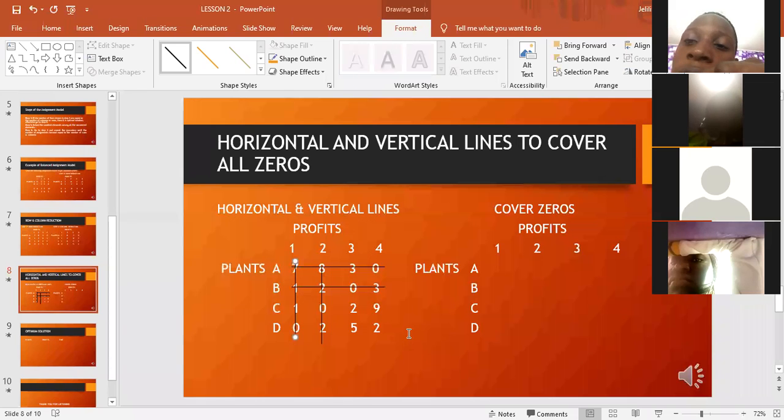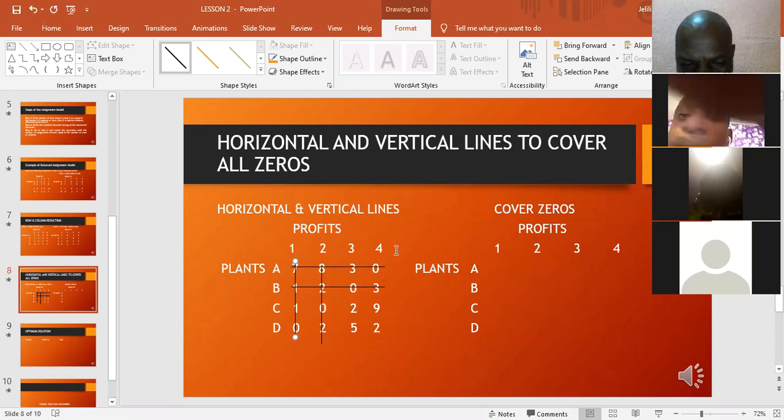You have 4 rows, right? And in the column, you have how many? Let's look at the columns: 1, 2, 3, and 4. So we have 4 columns, 4 rows, and 4 lines. Everything tallies together now. So those are the things that we have.